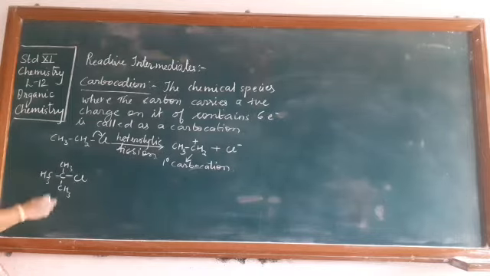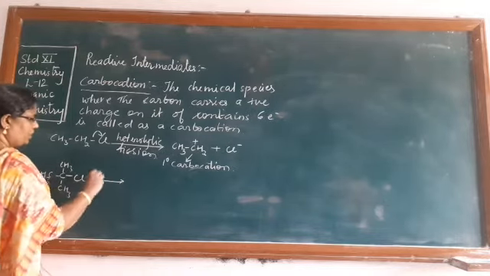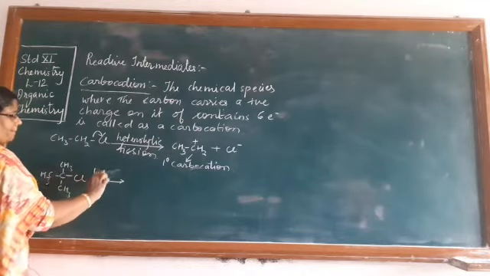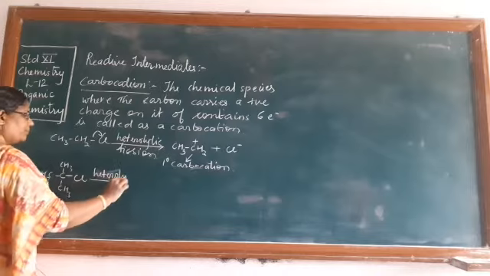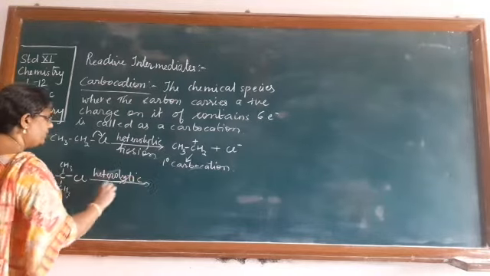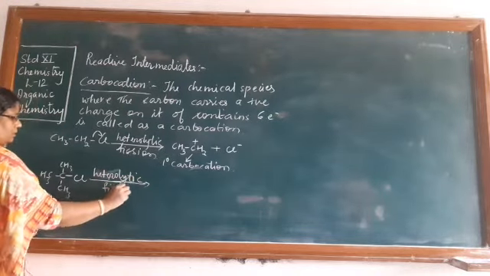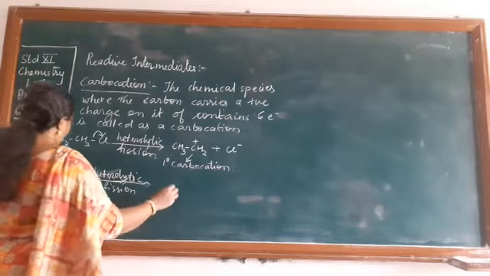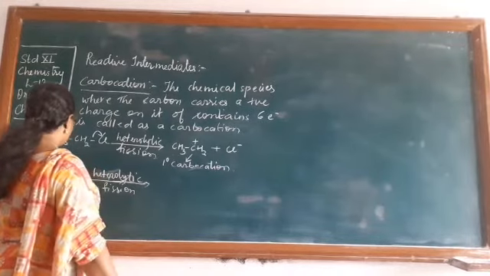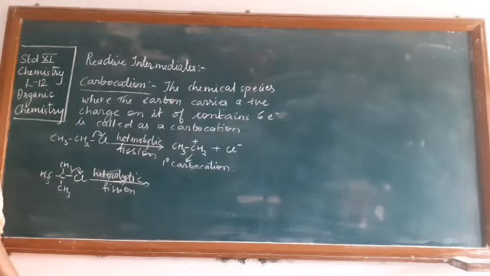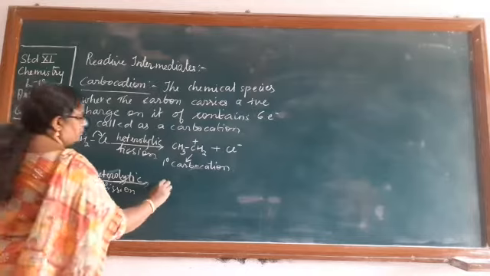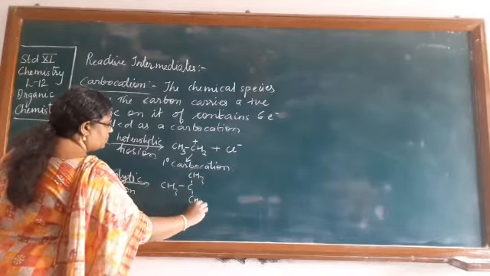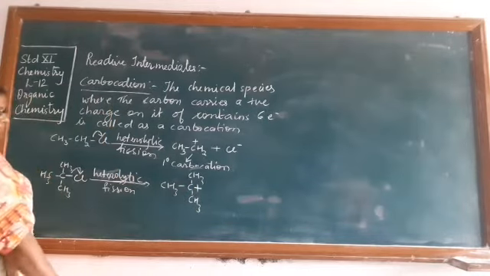Now here you can find this heterolytic fission occurs. Heterolytic fission will occur, and this pair of electron will move here. You have CH3, CH3, CH3, this with plus.